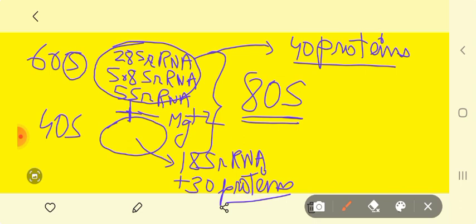When the concentration of the magnesium ions reduces in the matrix, both the ribosomal subunits get separated. It's the concentration of magnesium ions that causes these two subunits to remain joined together.